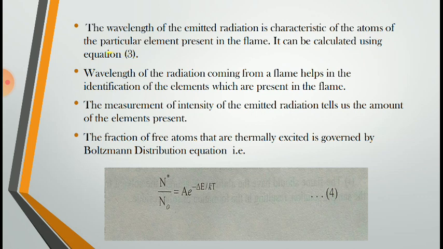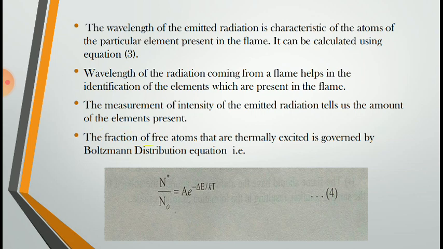The wavelength of the radiation coming from a flame helps in the identification of the elements present in the flame. The measurement of intensity of the emitted radiation tells us the amount of the element present.